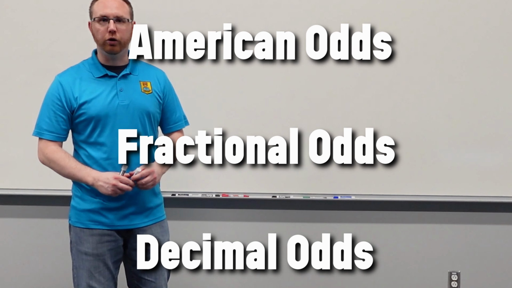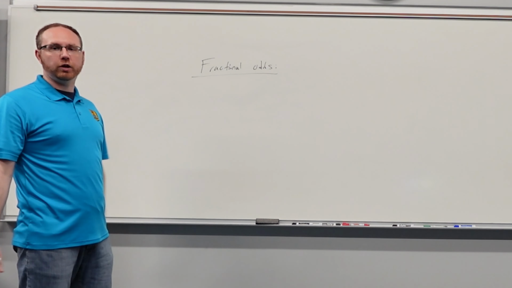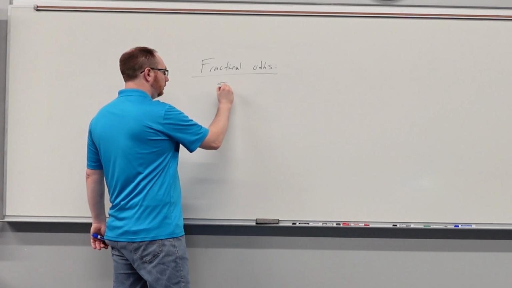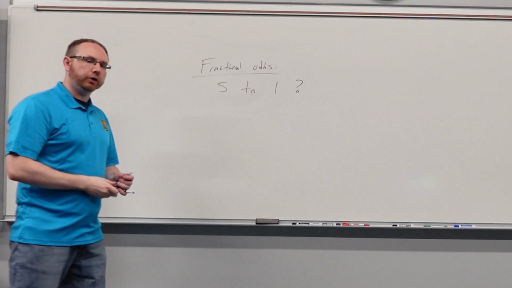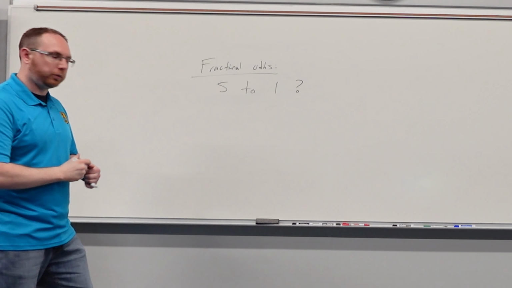So why don't we start with the fractional odds? So fractional odds is really more like what you're thinking about when you hear like horse racing. So let's say we use the example 5 to 1. So what does this mean? So the way this is set up is they always do it as the winnings to the wager.